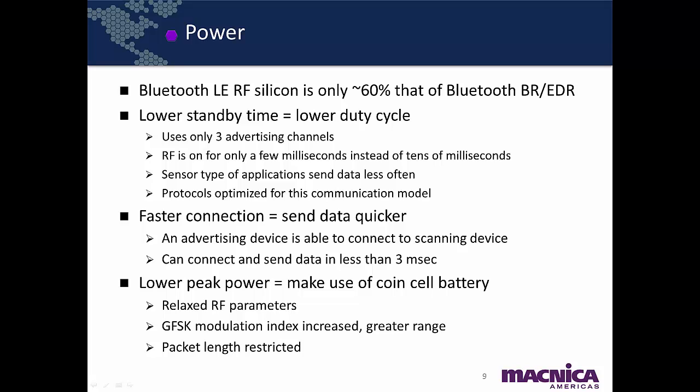BLE peripherals advertise on only 3 channels, and the protocol is optimized in such a fashion that a connection can be made and minimal data sent within 3 milliseconds. The spec allows for relaxed RF parameters and increased modulation indexes as well. Because of all these energy-saving features, Bluetooth SMART is ideally suited for applications that can run off a coin cell battery.